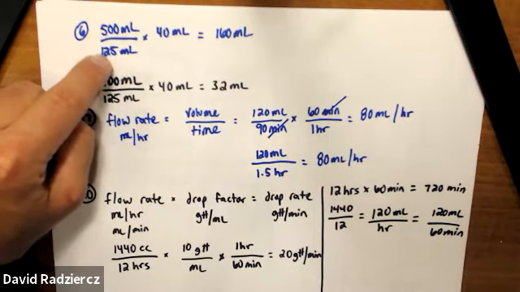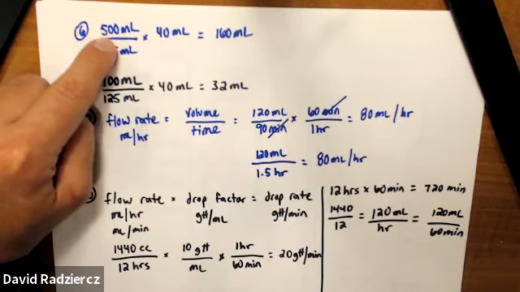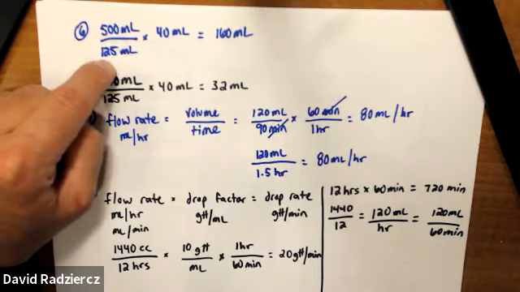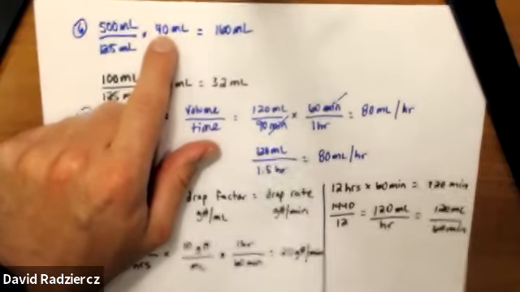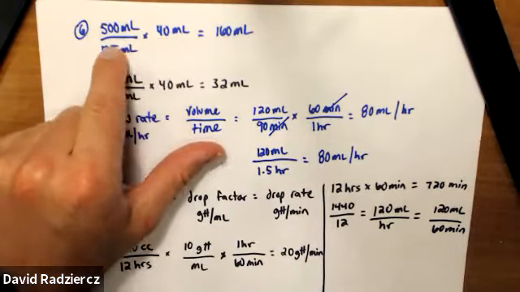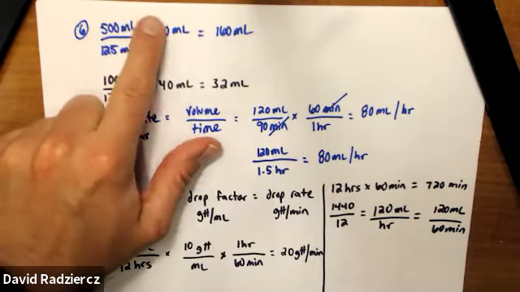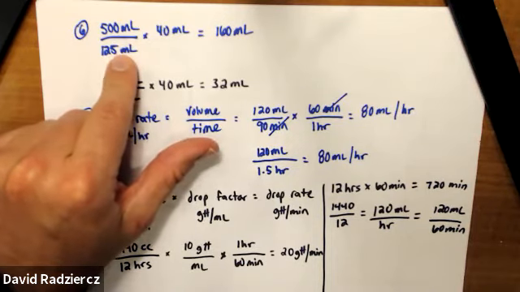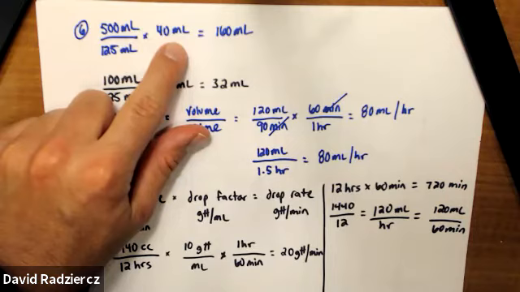So 500 over 125. 500 was what the patient actually voided. 125 is the expected voiding. And then you just multiply by the replacement volume. Now, all 3 of these numbers can change, but the setup is exactly the same. Take your actual output over the expected output times the replacement volume.